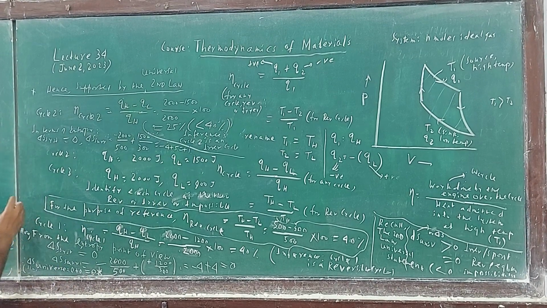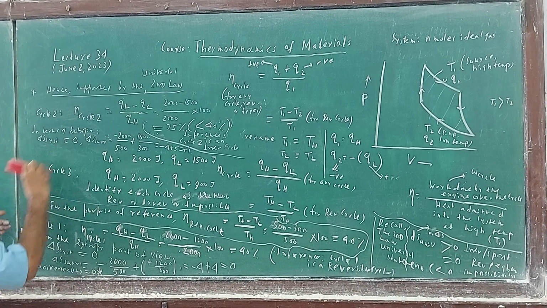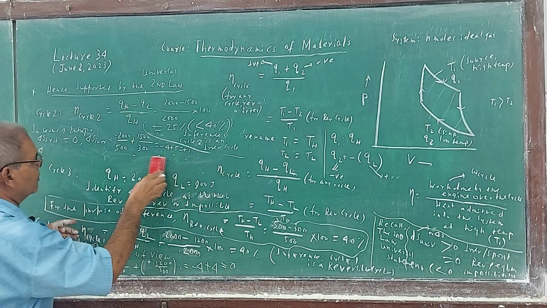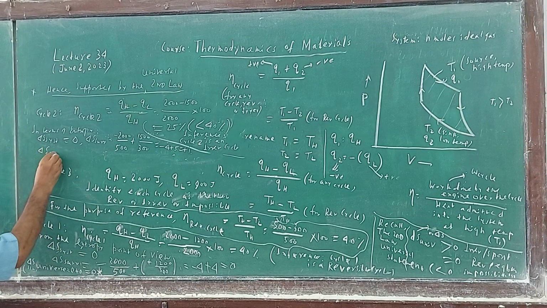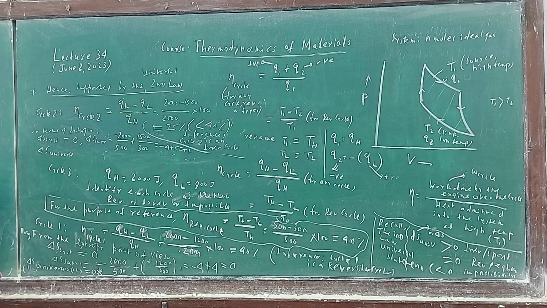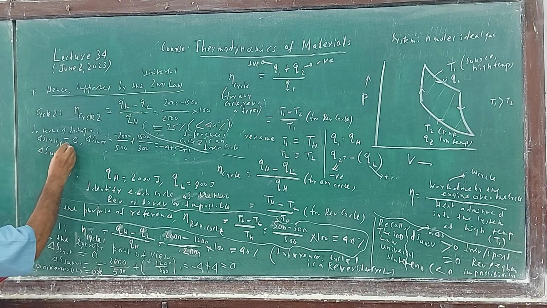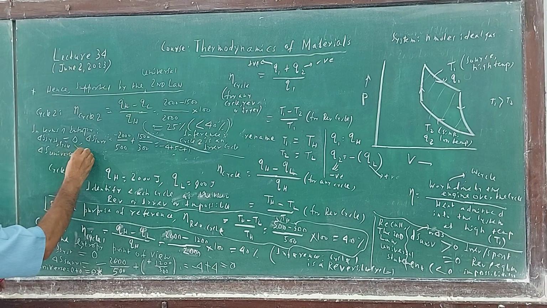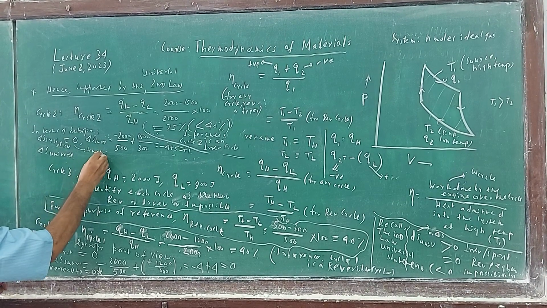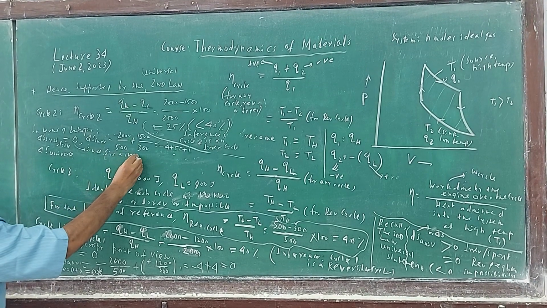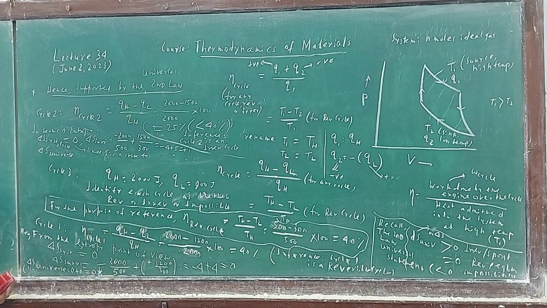Delta universe is over the cycle. Delta system over the cycle: entropy is a state function, so the cyclic change is 0.